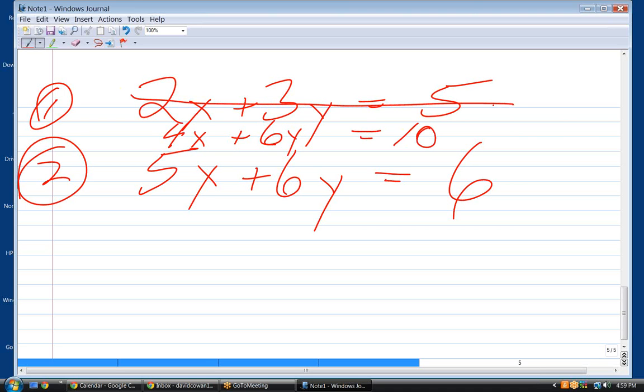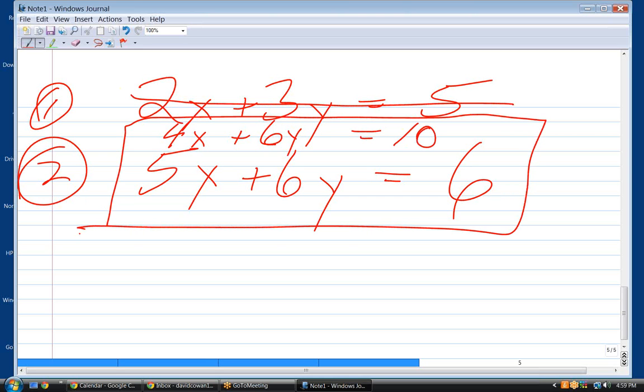Let me cross that out so we don't get confused. Now I have these two equations. What am I going to do now? If you subtract those, it would be x equals 4.